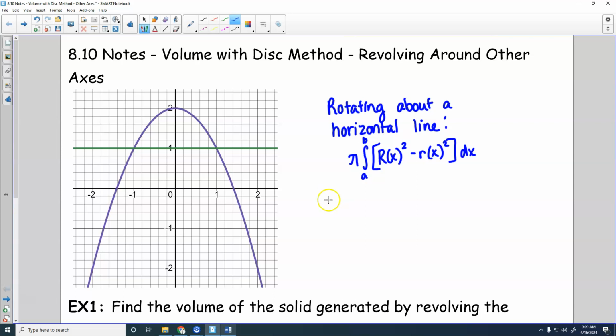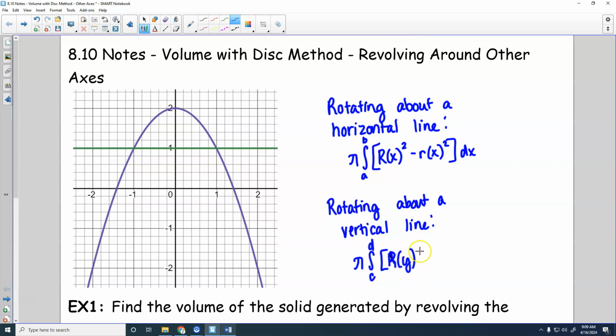And if you're rotating about a vertical line, then you will have basically the same formula, but it will be in terms of y.